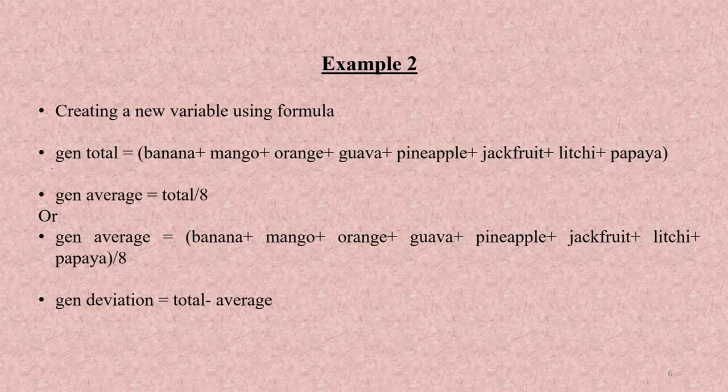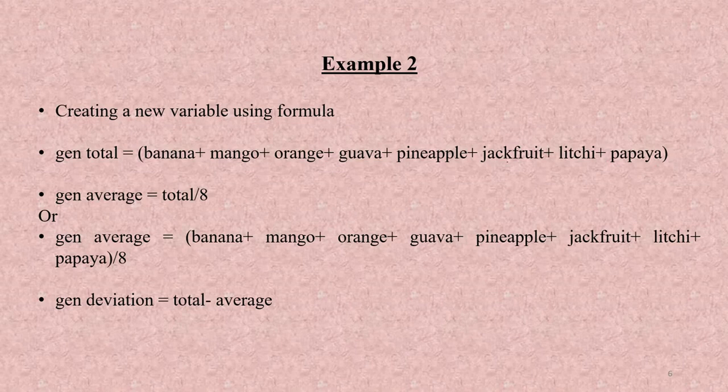So for this purpose, we again type generate, give space, and we give the name of the new variable as total, again space, equal sign, space, then we use a bracket, then we select all these original variables, and in between we put the plus sign: banana plus mango plus orange plus guava plus pineapple plus jackfruit plus lychee plus papaya.